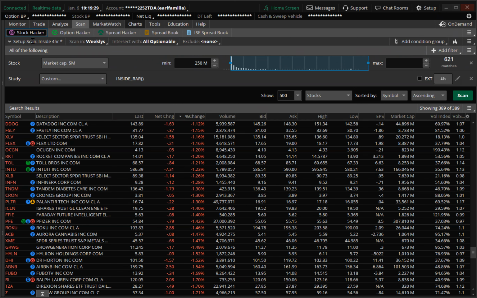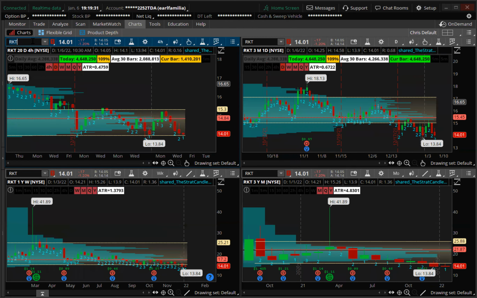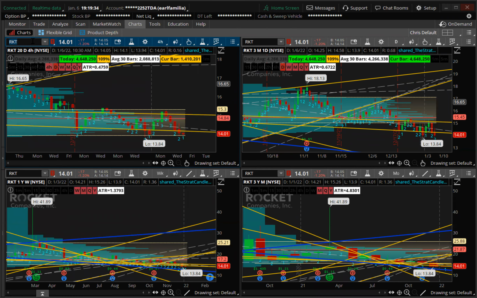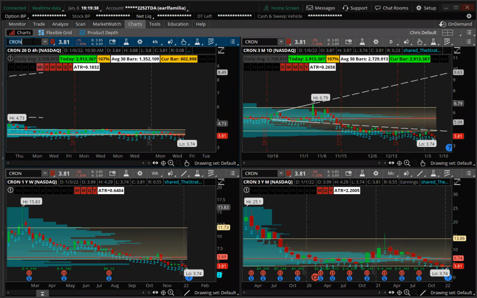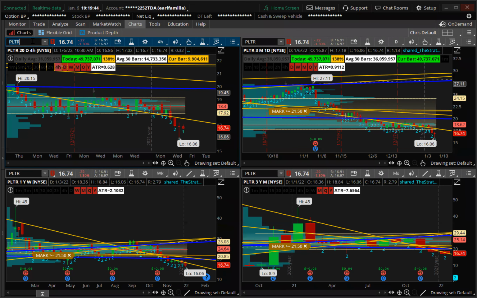Rocket, Kronos, Palantir. 212 to the downside, Rocket. Yep, it's all downside. Still need to go through them just to verify. You just can't assume about the percentage on the day. So you got 212 on Palantir below 1670.